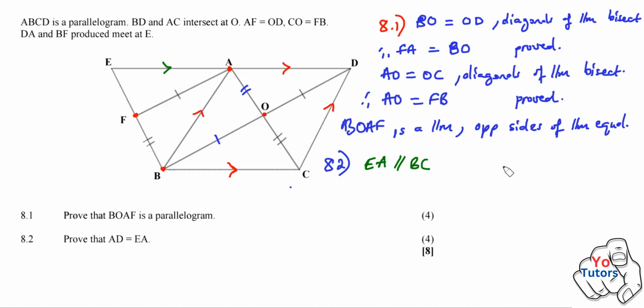Why are we saying that it's parallel to BC? It's given that this is a parallelogram, and if it's a parallelogram, AD will be parallel to BC. So that's what we are given here. It means that AD is parallel to BC, and this is collinear. It's just the same line that we're dealing with here.